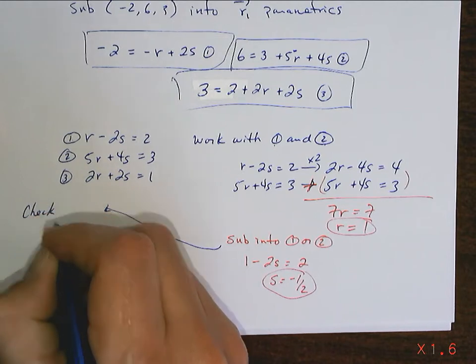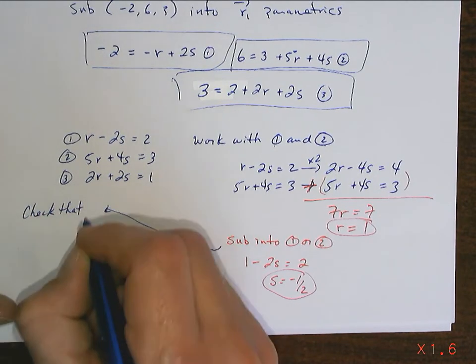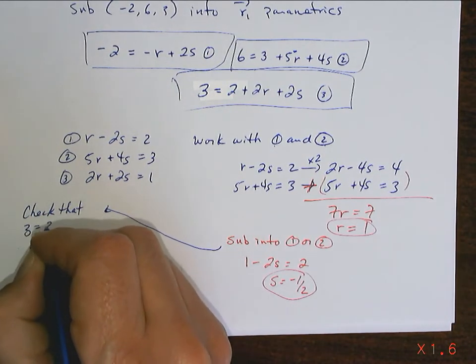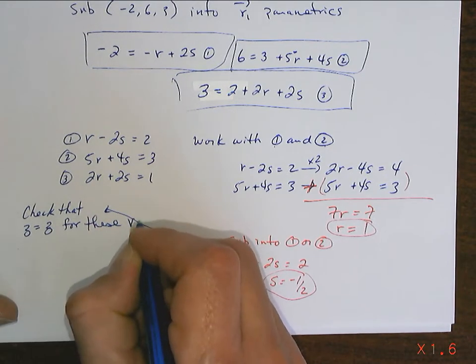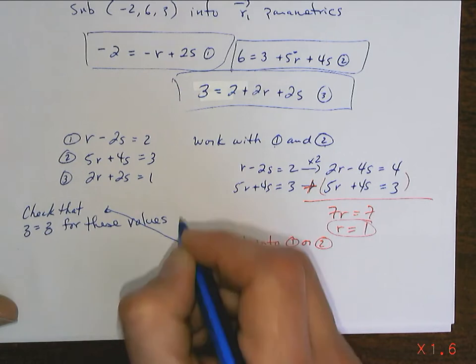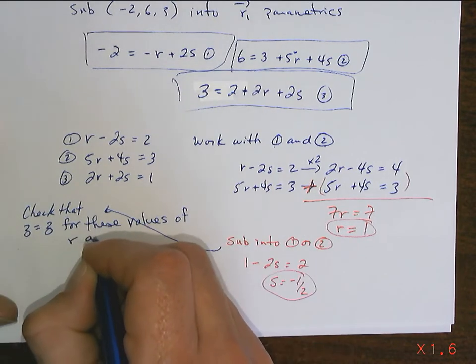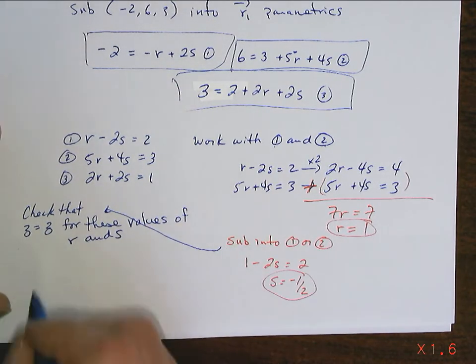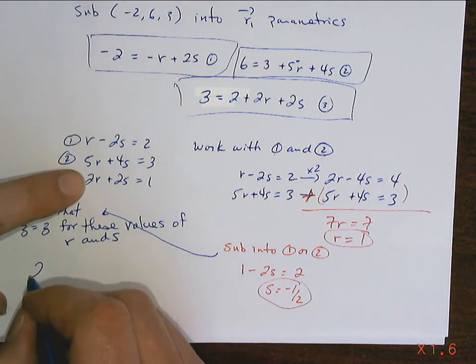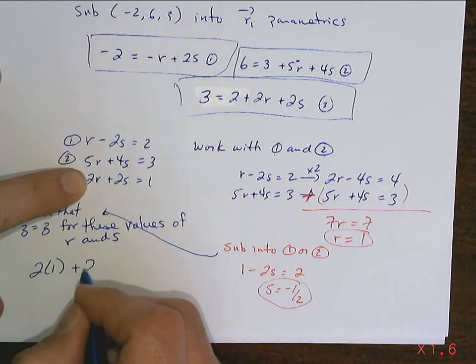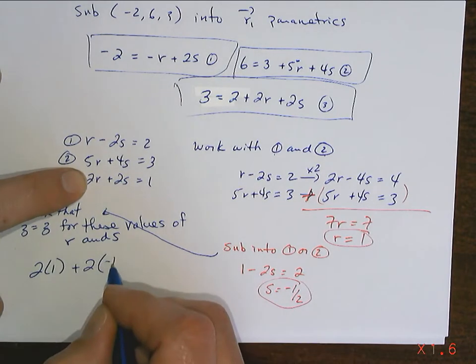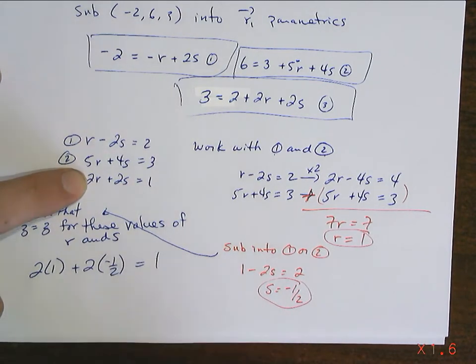Check that z equals z for these values of r and s. So what we do is take 2, and we put in a 1 for r, plus 2 times negative 1/2 for s, and that's supposed to equal 1.